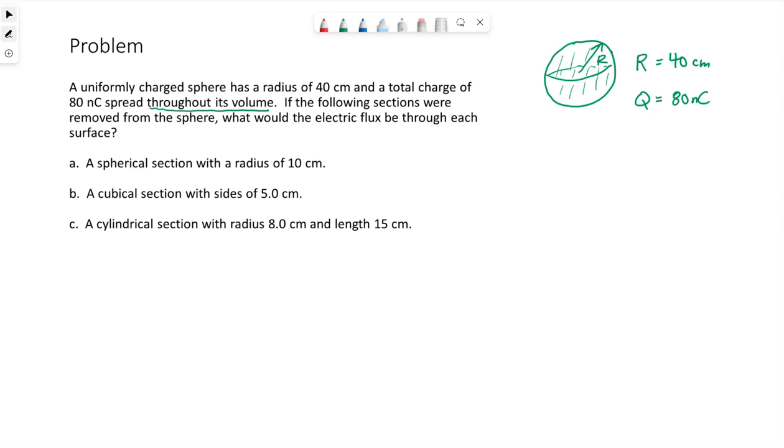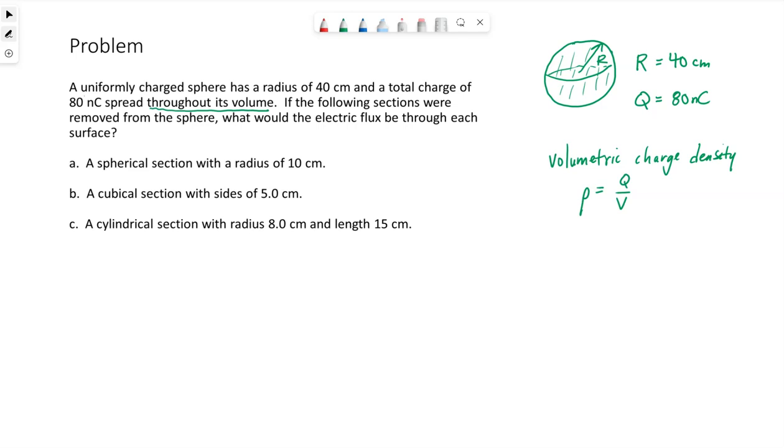Charge spread throughout the volume is a volume or volumetric charge density, meaning charge per volume.